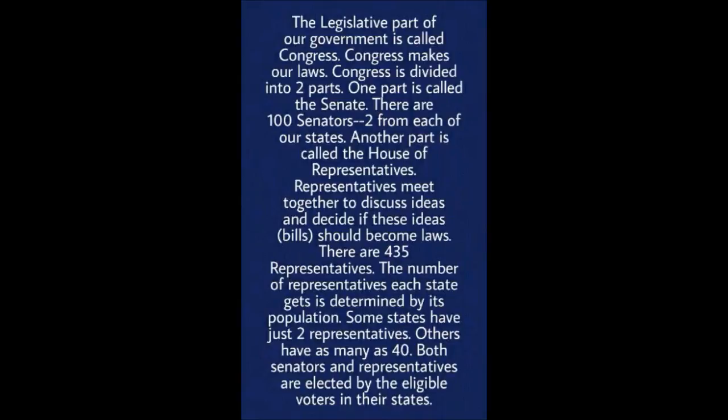Representatives meet together to discuss ideas and decide if these ideas, or bills, should become laws. There are 435 representatives. The number of representatives each state gets is determined by its population. Some states have just 2 representatives. Others have as many as 40. Both senators and representatives are elected by the eligible voters in their state.